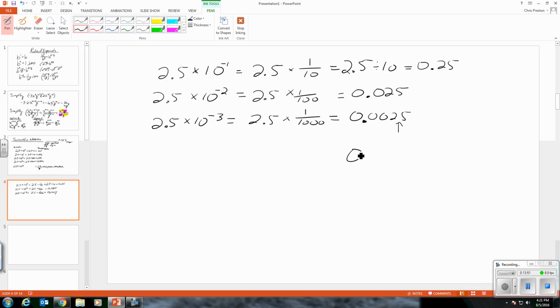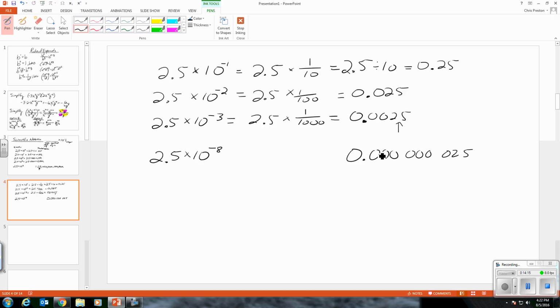So if I had 0.000000025, and I wanted to know how to write that in scientific notation, I would ask how far this decimal has to move. 1, 2, 3, 4, 5, 6, 7, 8 to the right. So this would be a negative 8.